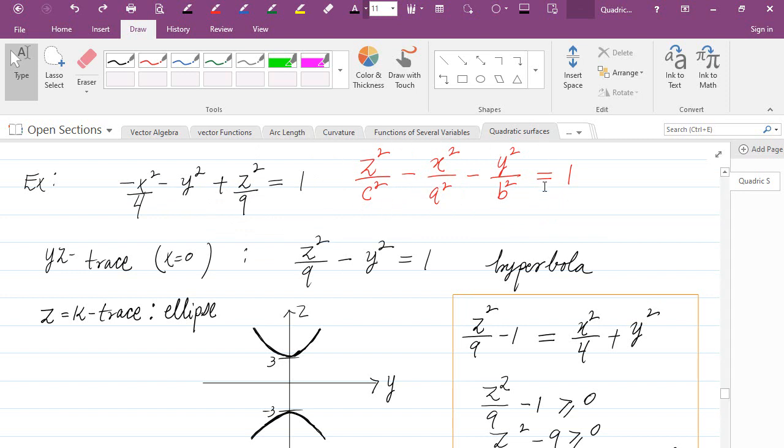Anytime you have an equation of this form, the graph would be a hyperboloid of two sheets, and we'll see how that looks.